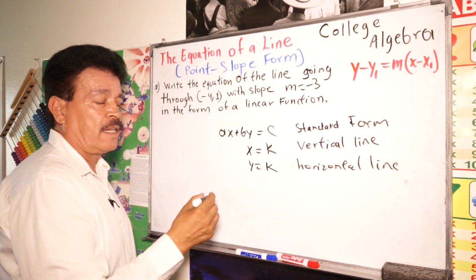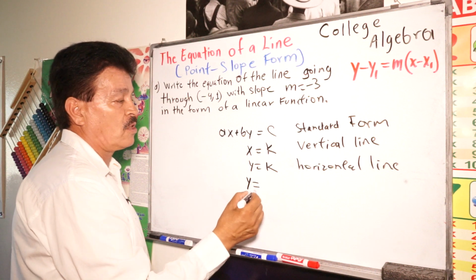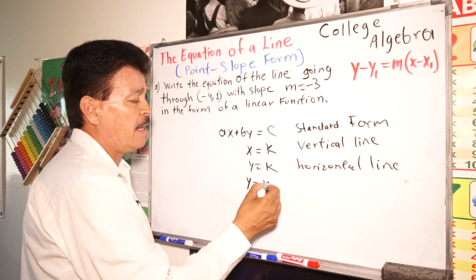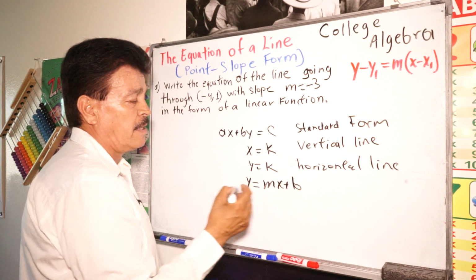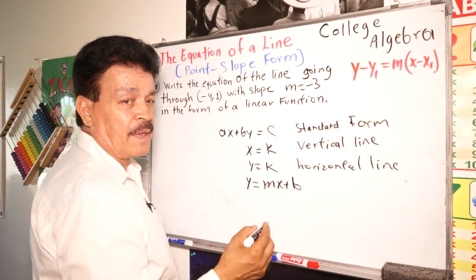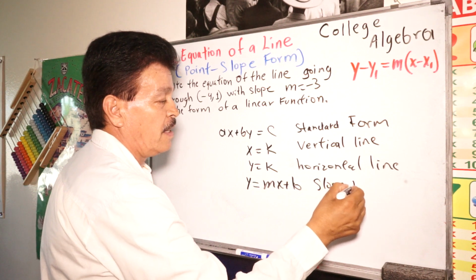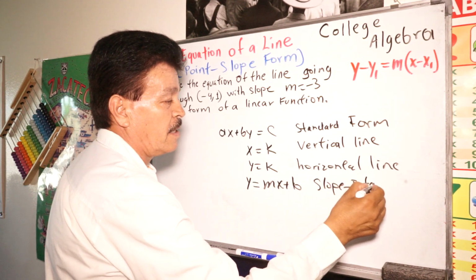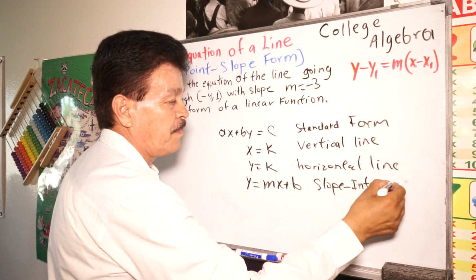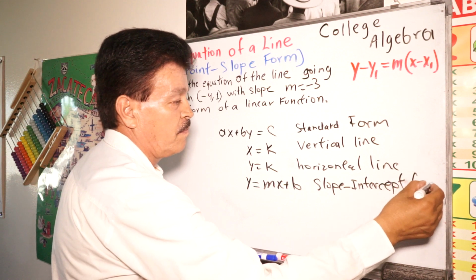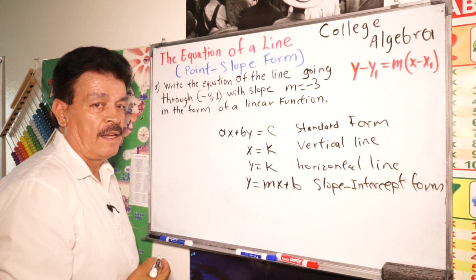And then we have y equals mx plus b. Remember last class? This is slope-intercept form.